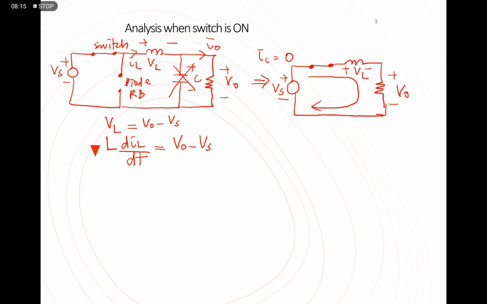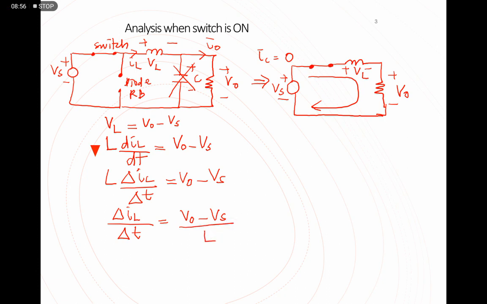This L di over dt can also be represented as L delta IL over delta T equals V0 minus Vs. Then we bring the inductor to the other side, so delta IL over delta T will be equal to V0 minus Vs over L. Delta T here is the duration of your turn on time.